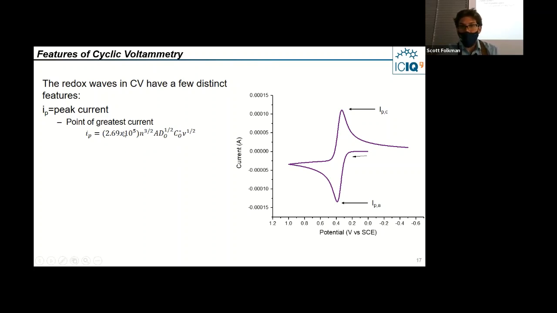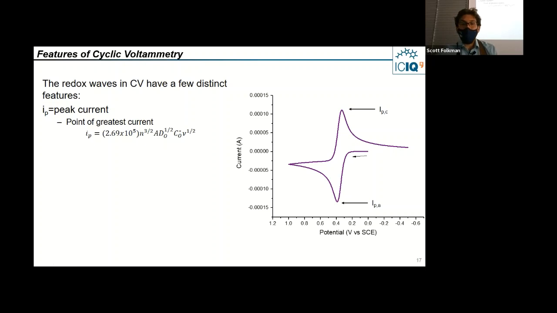And it's dominated by this equation for a reversible charge transfer, where N is the number of electrons, A is the area of the electrode, D sub 0 is the diffusion coefficient, C star sub 0 is the initial concentration, and V is the scan rate. So a couple important features are that the peak current is actually linear with respect to the concentration of your analyte.